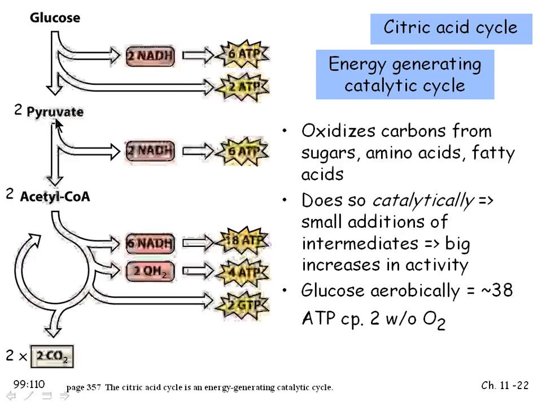However, the two pyruvates that glucose provides in one pass through glycolysis start to produce a lot more energy when we put it in the context of the citric acid cycle. So pyruvate dehydrogenase will produce an NADH for each pyruvate. Since we've got two pyruvates, two NADH.